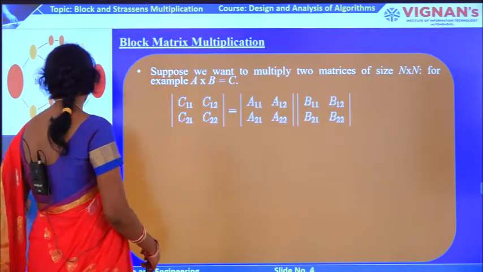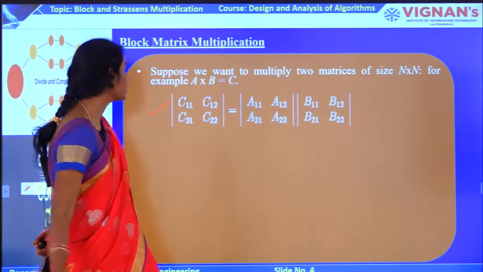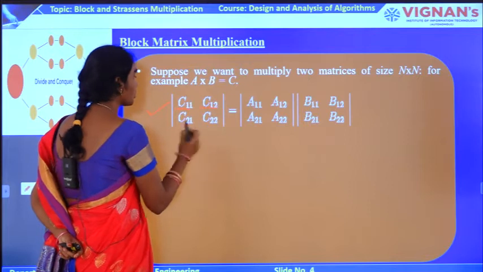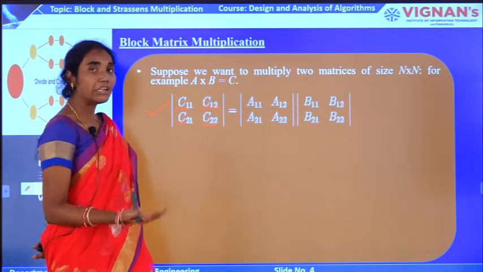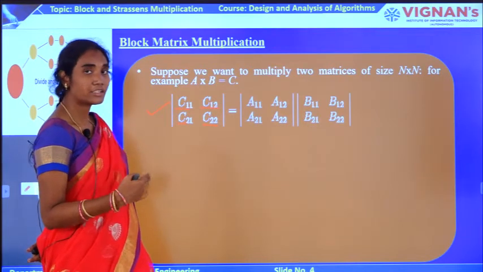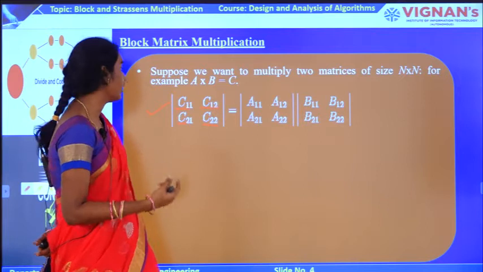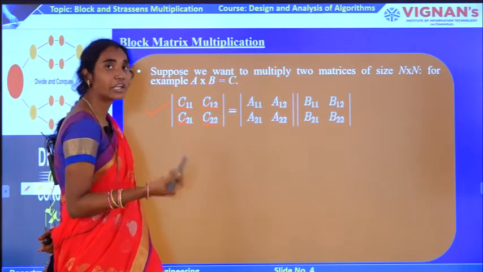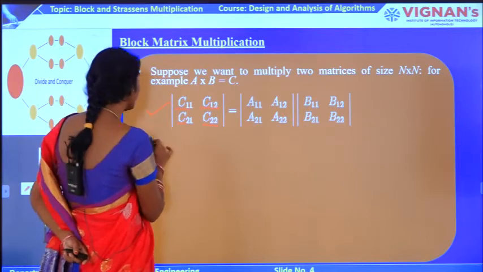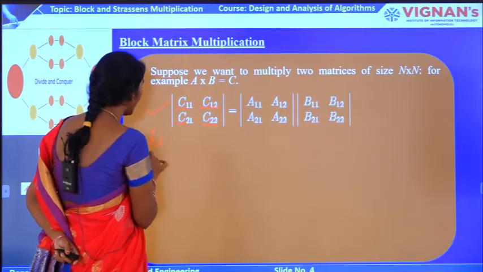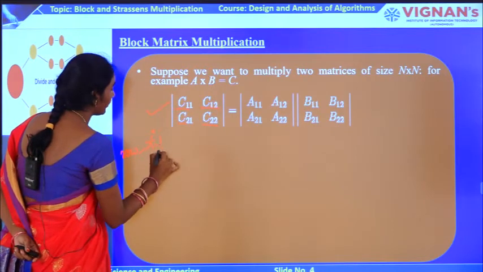So I represent it as C11, C12, C21, C22. C11 means the element in the first row and first column. C12 means first row, second column. C21 means second row, first column. Here ij indicates i is the row index and j is the column index.